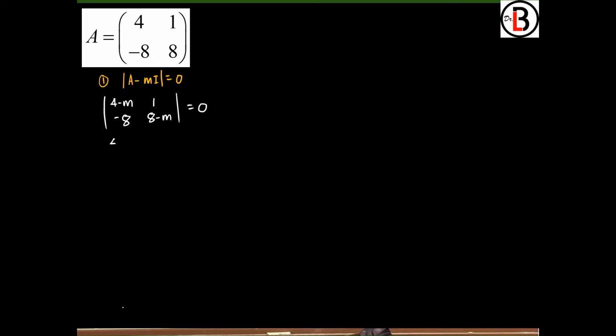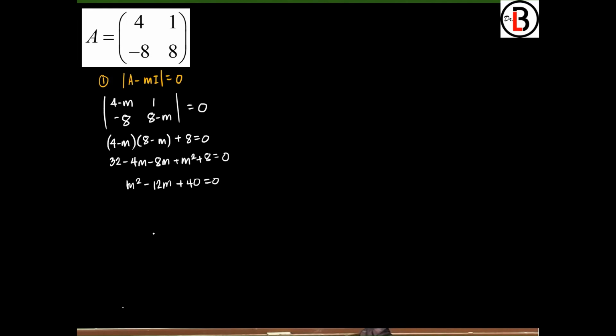So 4 minus m, 8 minus m, and then this is plus 8 is equal to 0. So let's distribute. That's 32 minus 4m minus 8m plus m squared plus 8 equals 0. You'll end up with m squared minus 12m plus 40 is equal to 0.